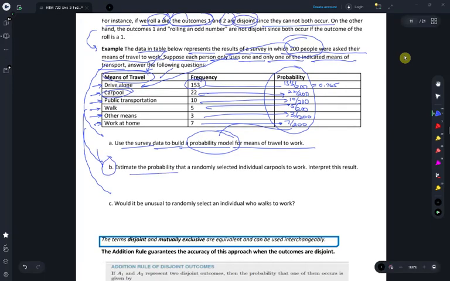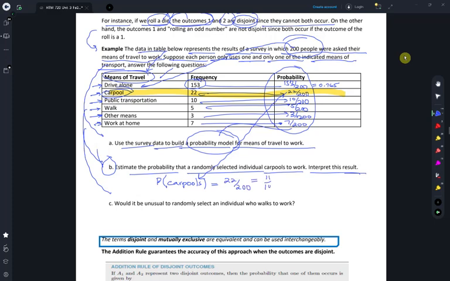This says to estimate the probability that a randomly selected individual carpools to work and interpret your results. Well, for carpooling, here it is highlighted here. Using the relative frequency approach, the probability that the person carpools will be equal to 22 over 200, or if you will, 11 over 100, or 0.11.